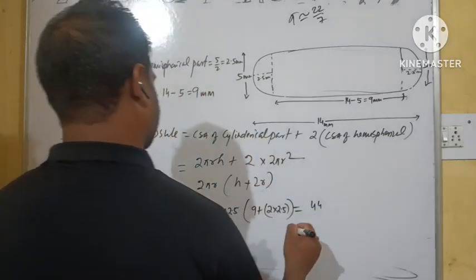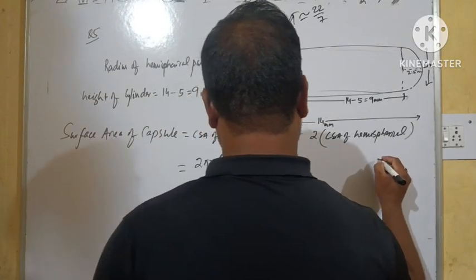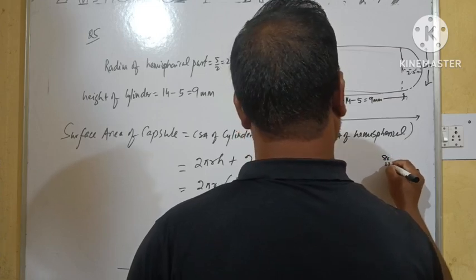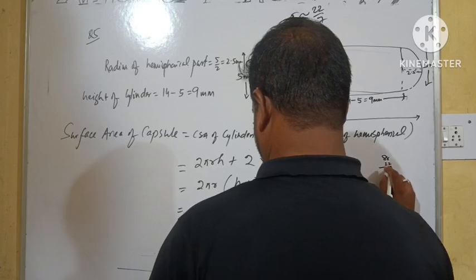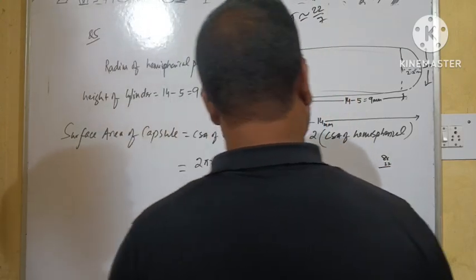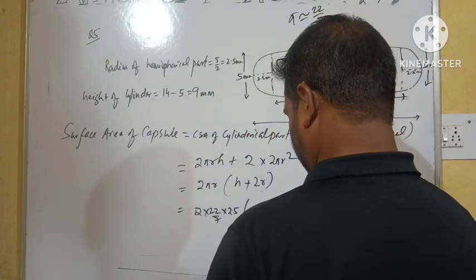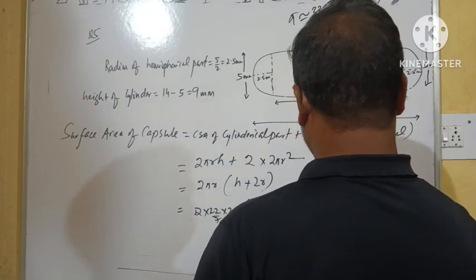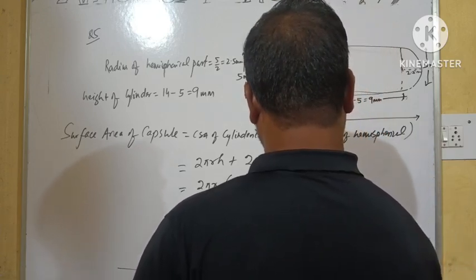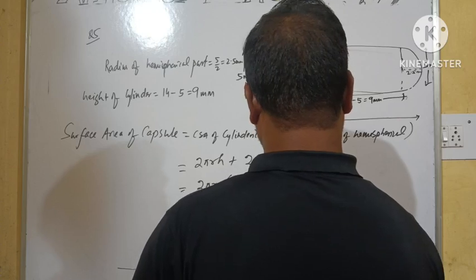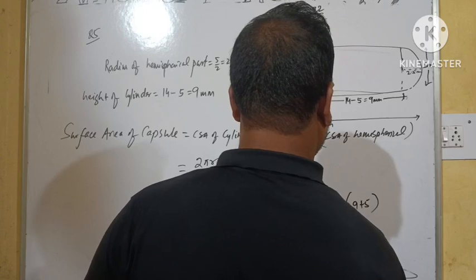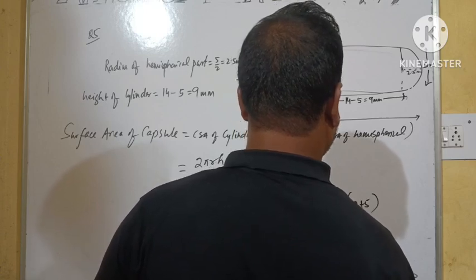44 by 7 into 2.5 into (9 plus 5), and 9 plus 5 is 14.